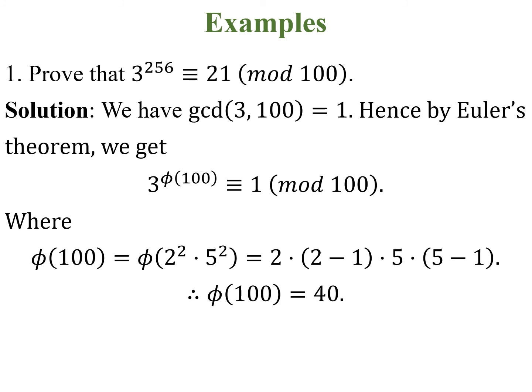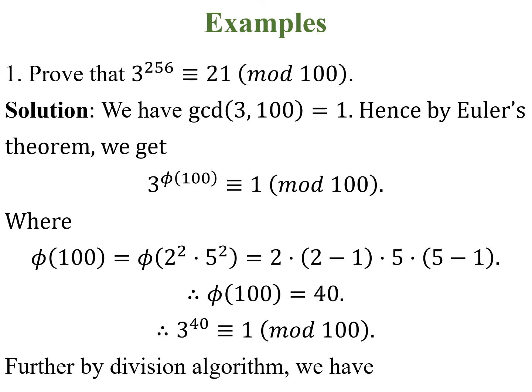Here we get 3 raised to 40 is congruent to 1 modulo 100. But we want 256, so you have to go nearer to 256. To get nearer to 256 from 40, you have to divide 256 by 40 with the division algorithm.